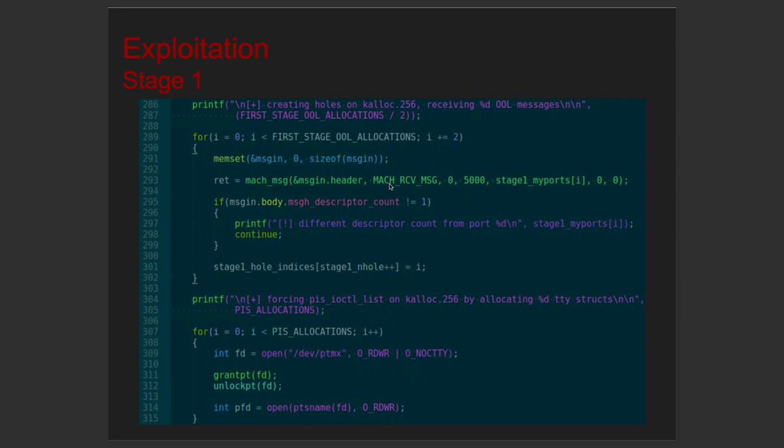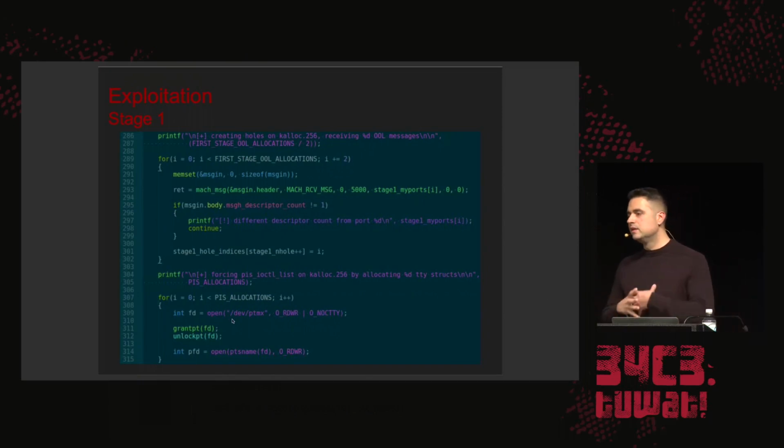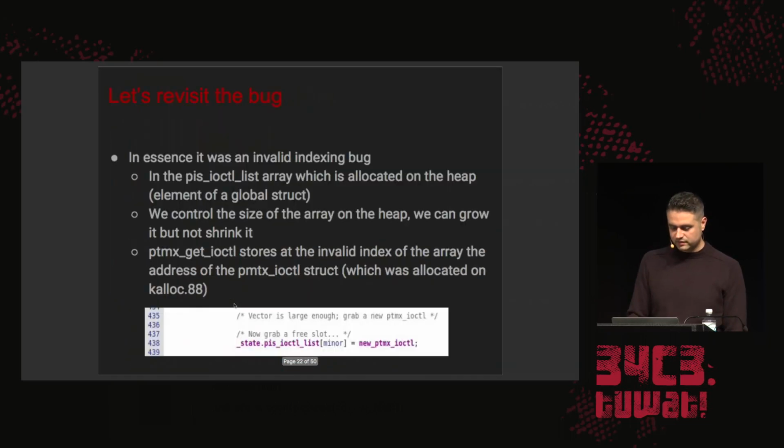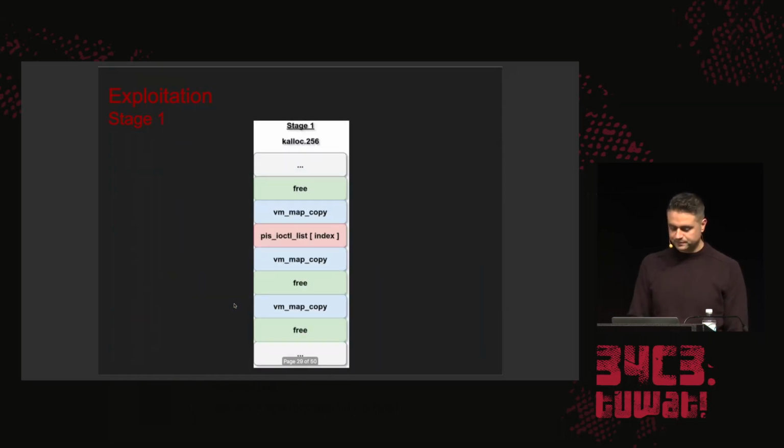In order to make these free slots, you just receive the MAC out-of-line messages that correspond to the VMAP copy structs. And after you've created the holes, you basically grow the array to 256 bytes. How do you do that? As I mentioned earlier, you open the devptmx device a number of times. It doesn't matter exactly how many, just the specific number of times that I noticed grows it to 256 bytes. So that's the arrangement you have at that first stage.